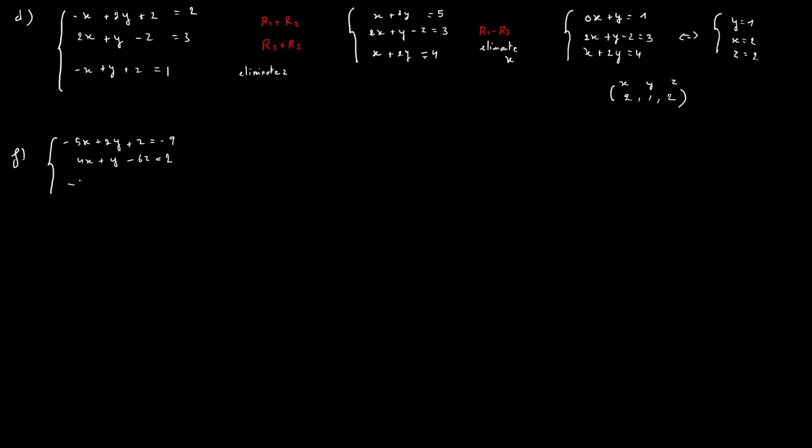And then minus 4x plus 3y minus 2z is equal to negative 10. Okay, and again, let's try and solve this with the addition method.